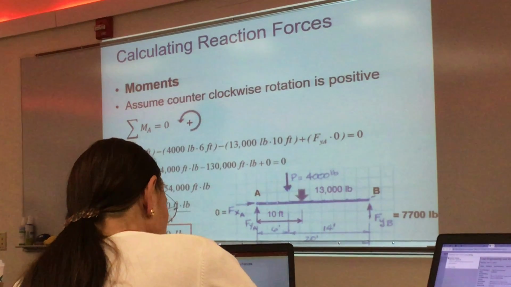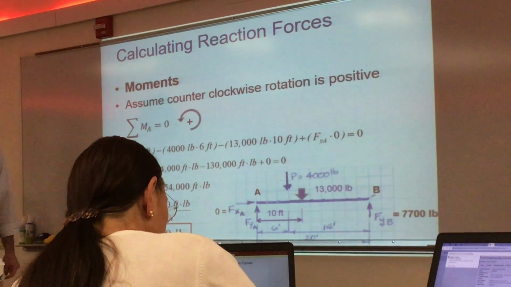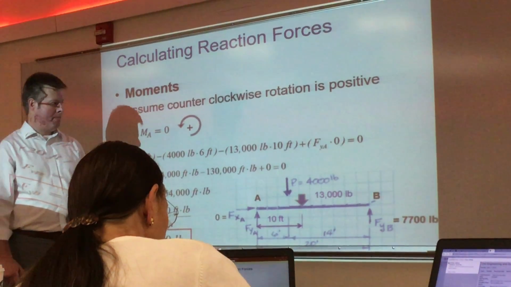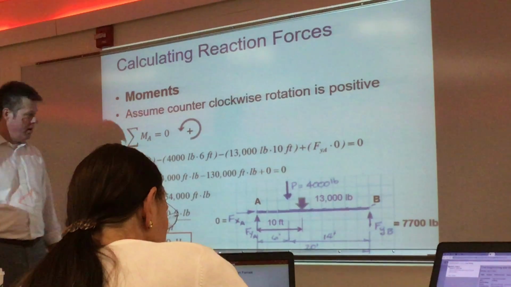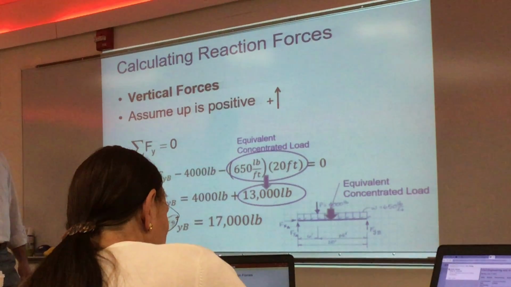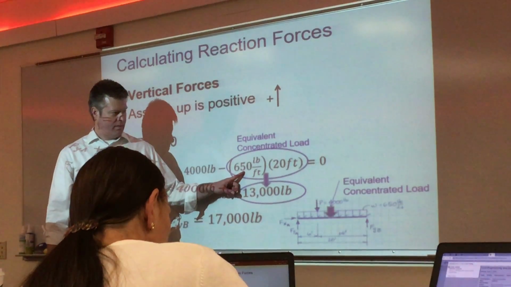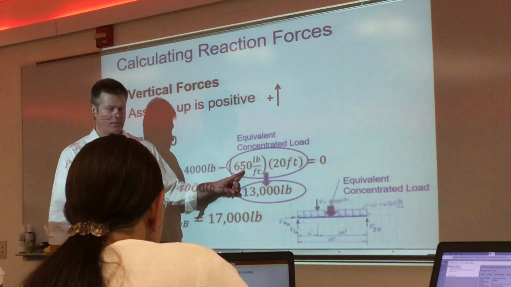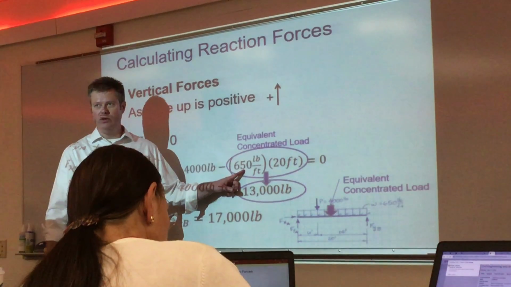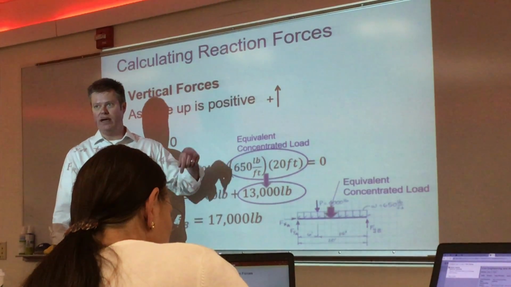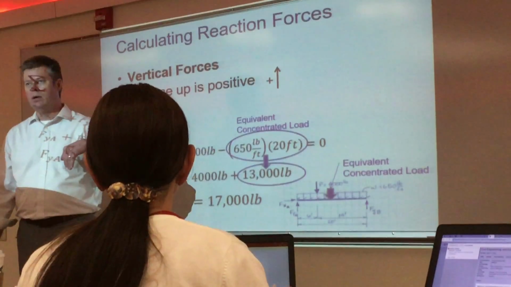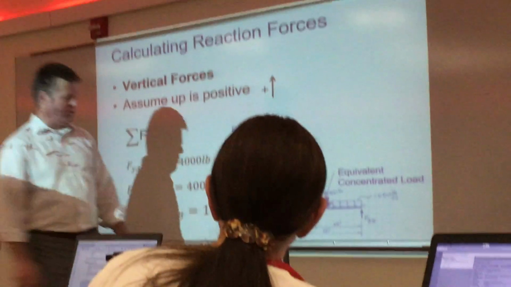For that 650, why don't they just call it linear mass density? Go back to the 650 pounds per foot. Is there a reason the engineers don't just call it linear mass density? The uniform load is not a mass, it's a load acting on the system. If it was a mass, it would be the beam itself.